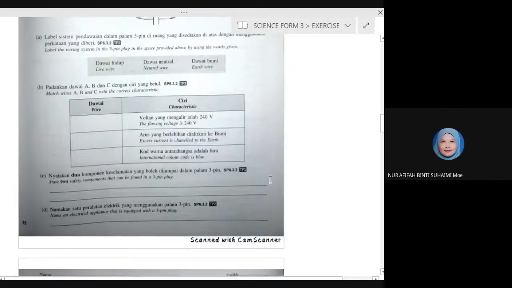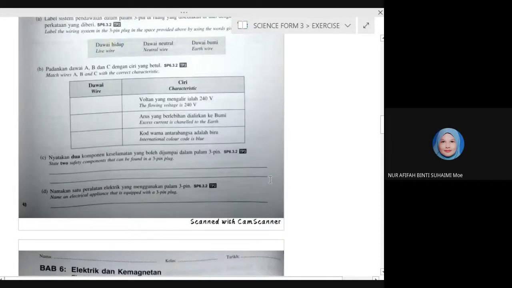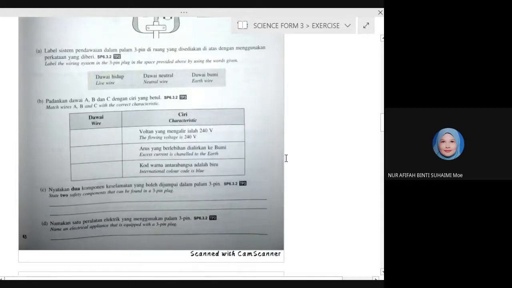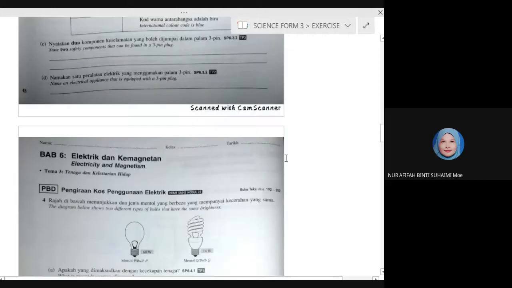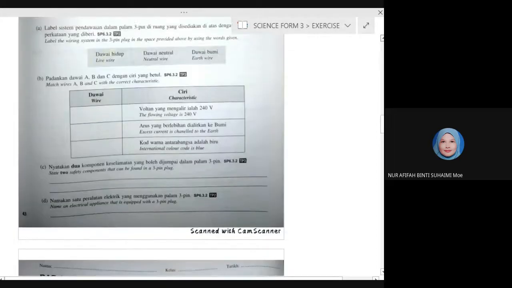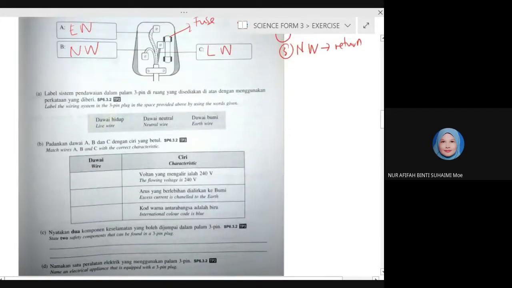Okay, number 3B. Match wires A, B, and C with the correct characteristic. So this is the function or main characteristic. The flowing voltage is 240 volts.